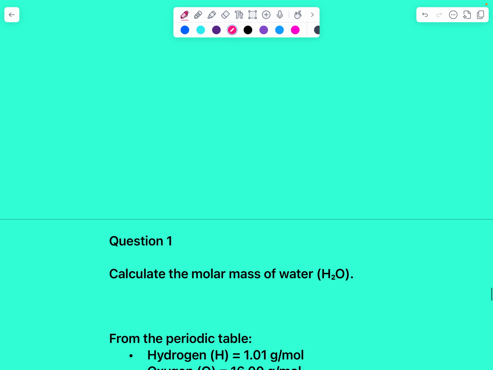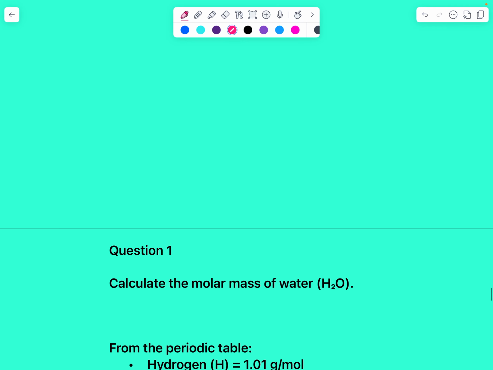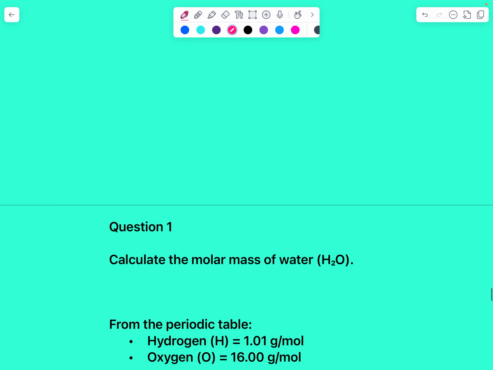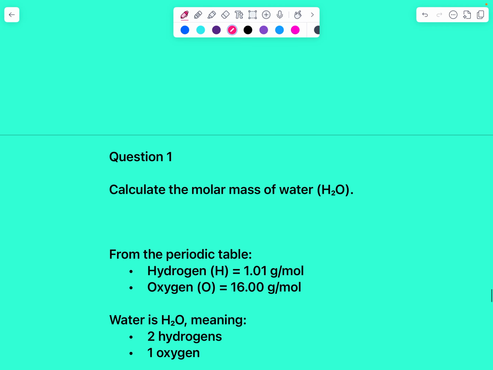If you pull up a periodic table, you'll know that H is 1.01 grams per mole. Oxygen's molecular mass is 16.00 grams per mole. So water is H2O, which is 2 hydrogens and 1 oxygen.